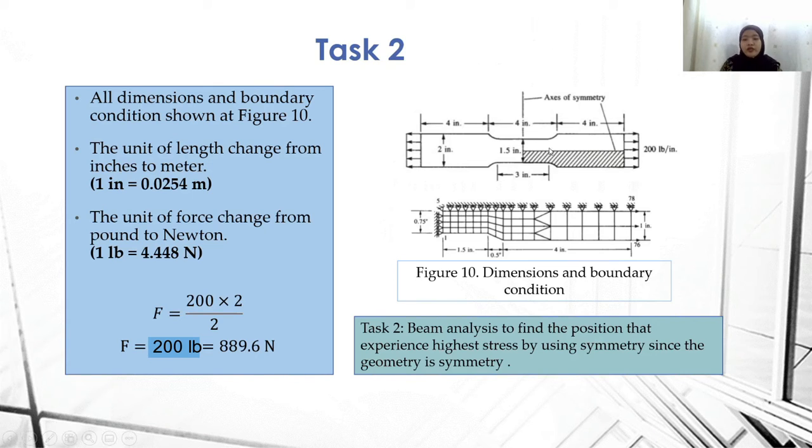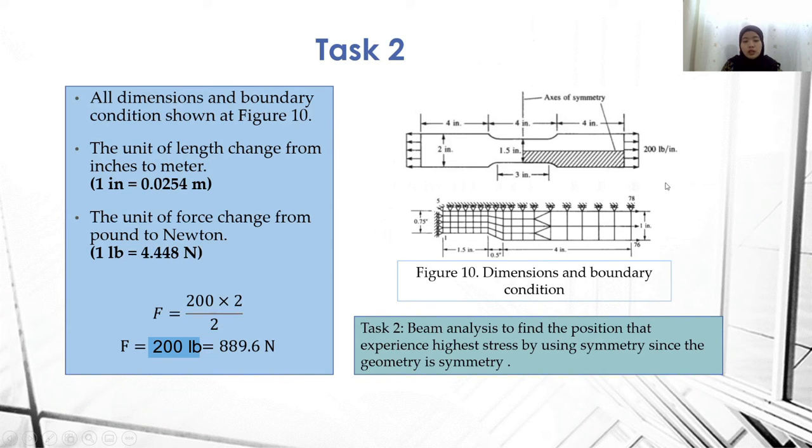To find the force for the complete model, it will be 200 pounds per inch times the length, which is 2 inches, and we get 400 pounds. But for only the symmetrical part, we divide it by 2, and we get 100 pounds for the force acting on the end of the model.